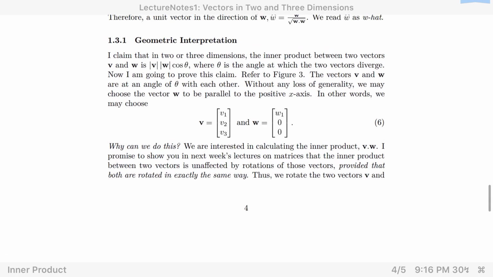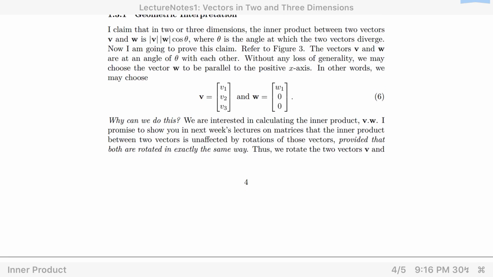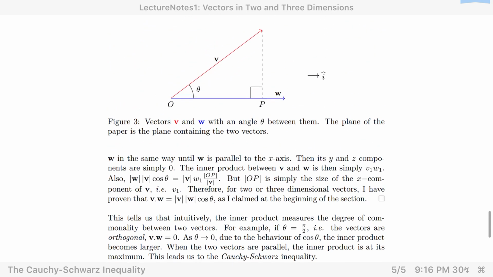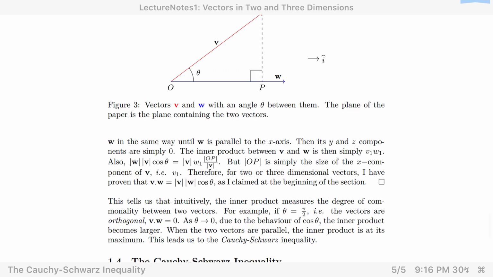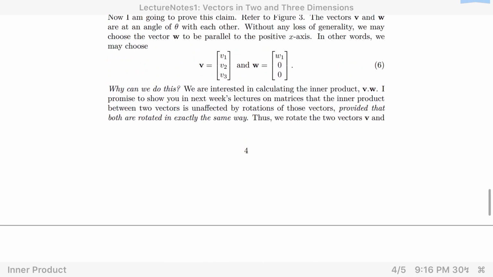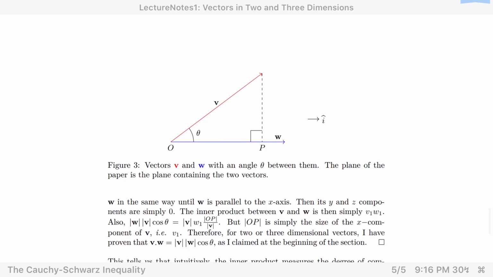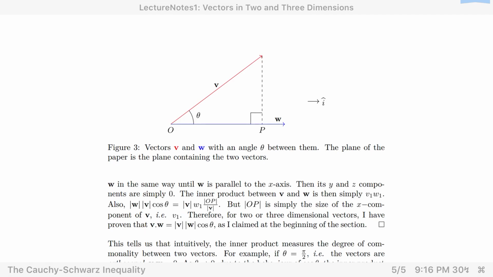But what is the value of modulus of v times modulus of w times cosine theta? Well, let's work it out. The modulus of w is just w1 because it has only one component. Now let's keep the modulus of v as it is. Now what is cosine theta? Cosine theta is OP in the diagram in figure 3 divided by the modulus of v.